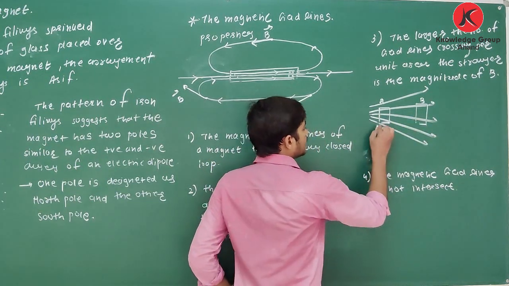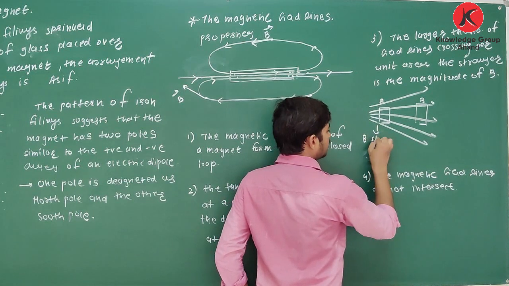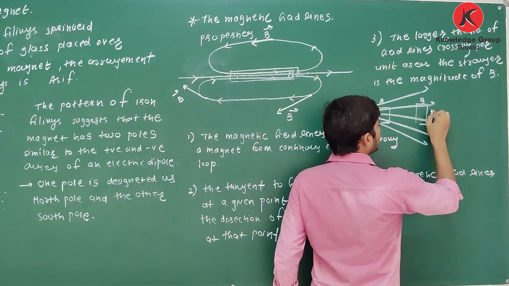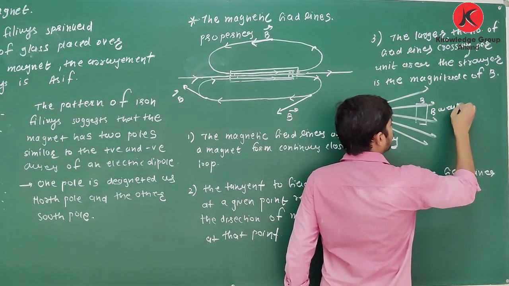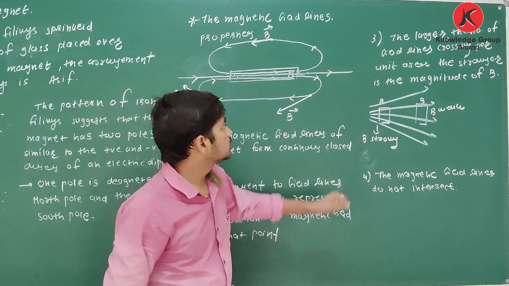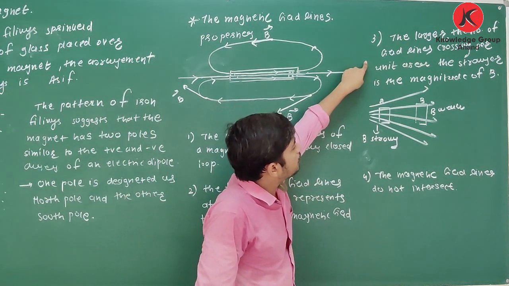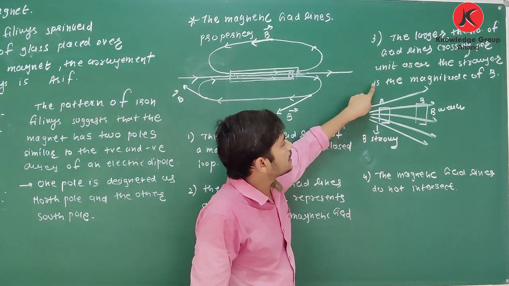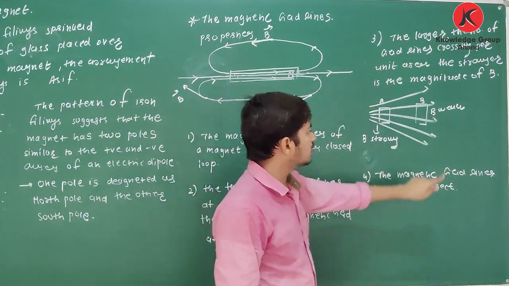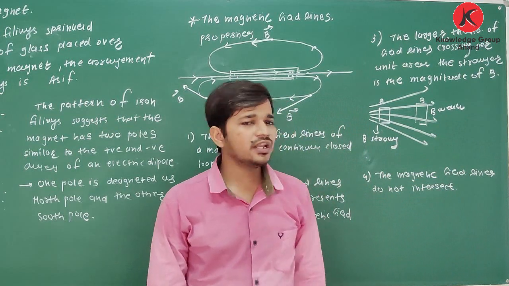So obviously in this region the magnetic field is strong, while in this region the magnetic field B is weak. Clear about this? The larger the number of field lines crossing per unit area, the stronger the magnetic field.